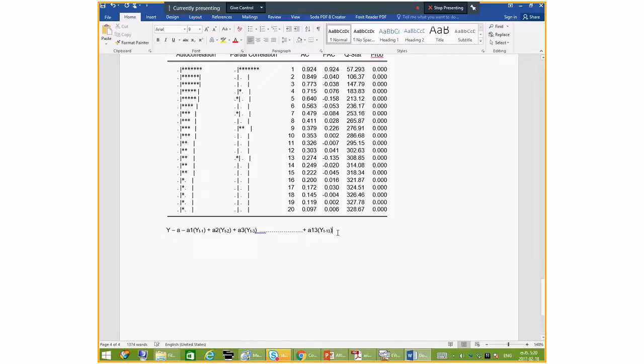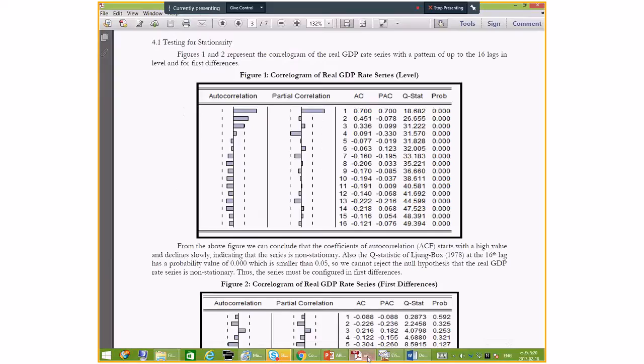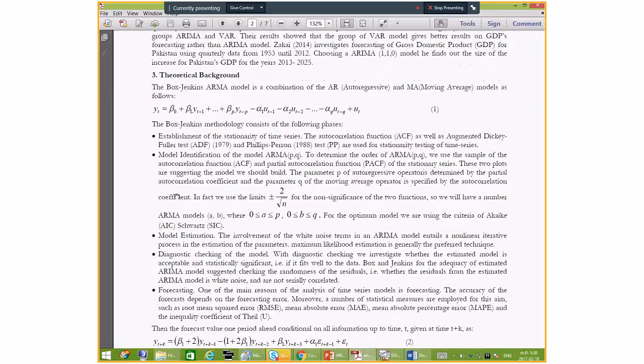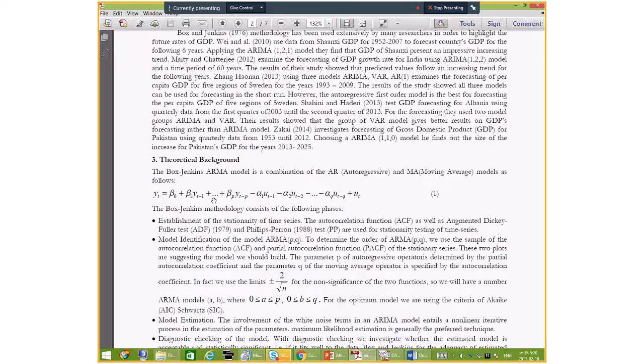Then write the model plus 1 MA. Then in this article you can see this here. This is the model with Yt minus 1 in our 13 autoregressions.